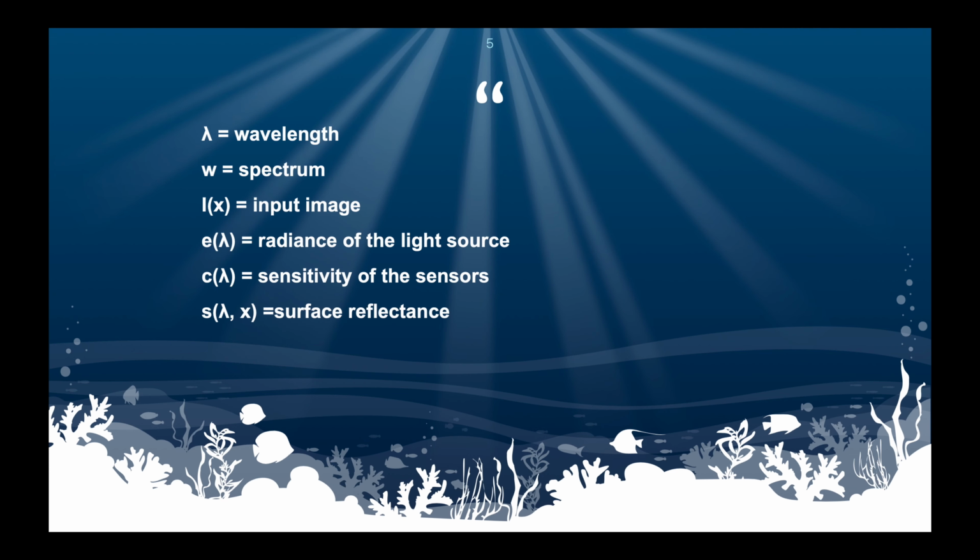So here are some of the variables we are going to need. Lambda is the wavelength, W is the spectrum, I of X is the input image, E of lambda is the radiance of the light source, in other words, the rate of light emitted, C of lambda is the sensitivity of the sensors, S of lambda, comma X is the surface reflectance.